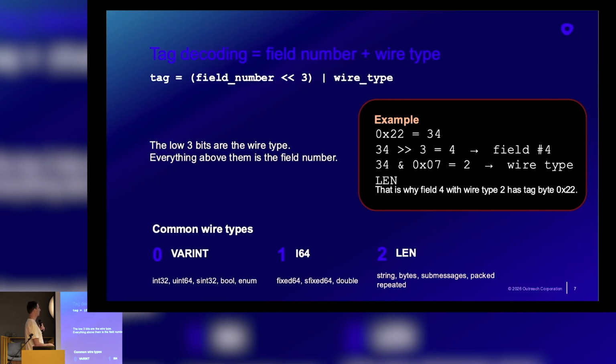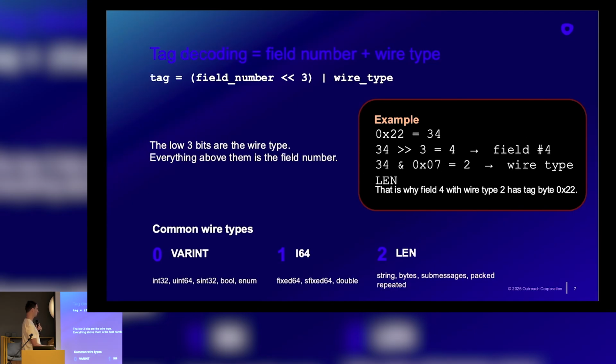So if we get a tag which is the number 34, what we need to do is to bit shift it by three bits to the right, and then we get the field number 4. To get the wire type, we need to do a bitwise AND with number 7, and we get the wire type 2, which is LEN, the length delimited payload.